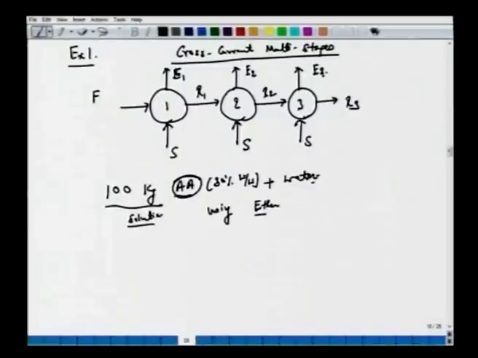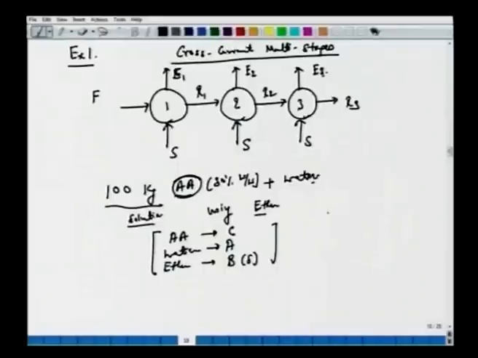All right. So here acetic acid is now your C, water is the feed, so it's A, and the ether, which is the solvent, is now B, or we also sometimes use S. So the problem reads that we have to do it 3 times.